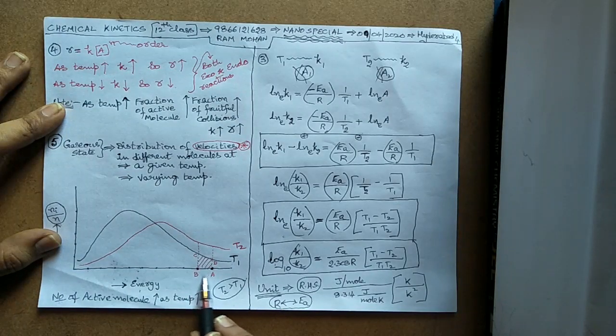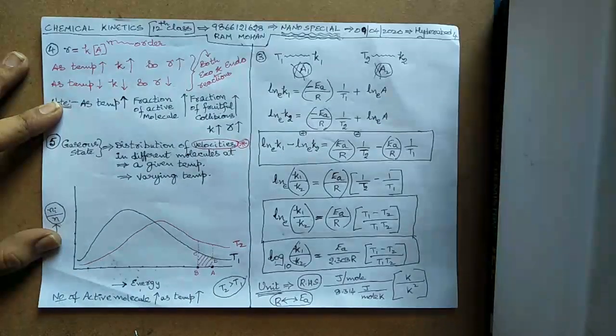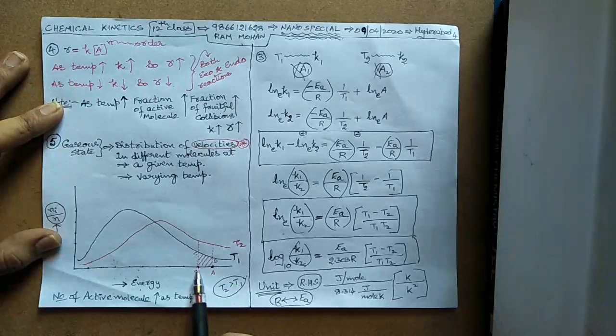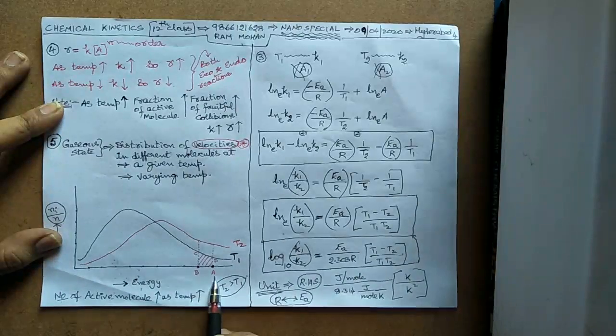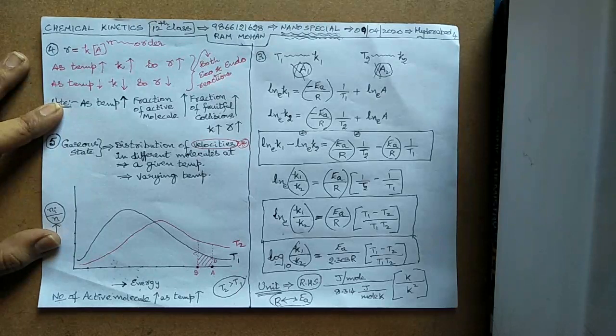So this zone of energies is present in this many molecules. Anyhow, I said this is the threshold, and I picked up slightly higher than the threshold. So obviously these are the number of active molecules, the area under the curve having energy between EB and EA.